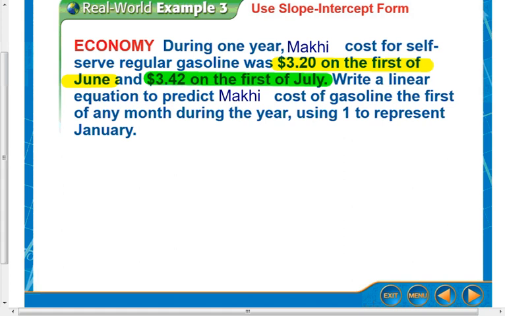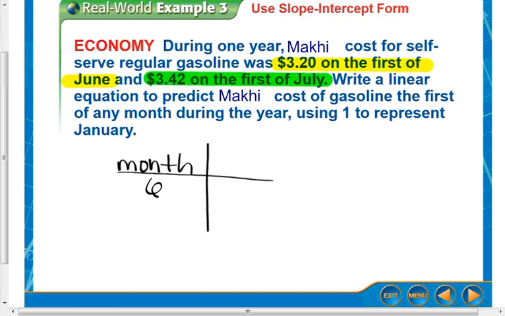Okay. So here we have our number of months, right? And if January is the first month, so I'm going to put month here. Then what is June going to be? What number month? If January is number 1, what is the number for June? 6, right?